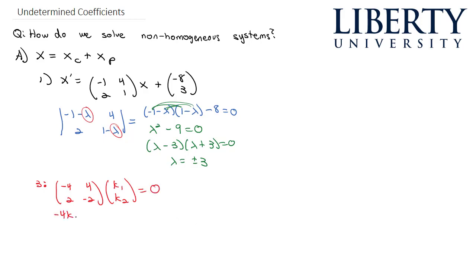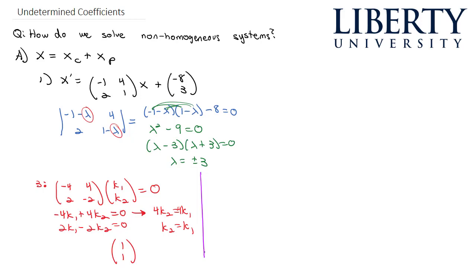So -4k1 plus 4k2 equals 0, and 2k1 minus 2k2 equals 0. And really, both of these are pretty much the same. So if I add 4k1 to both sides, we get 4k2 equals 4k1. And divide both sides by 4, and k2 equals k1, which is really nice. Gives us a nice eigenvector of 1, 1.